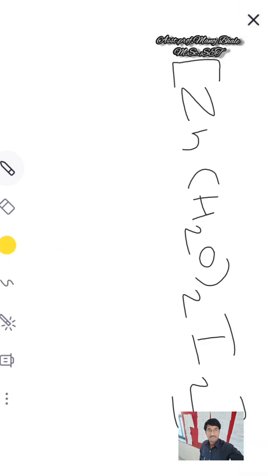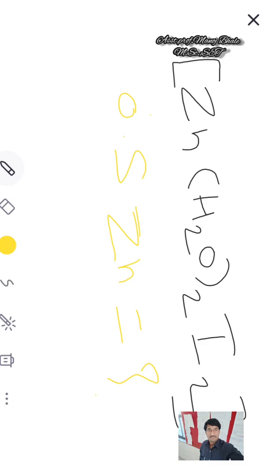Now a question for all students: what is the oxidation state of the zinc in this example? All students try to calculate the oxidation state of the zinc and tell me.